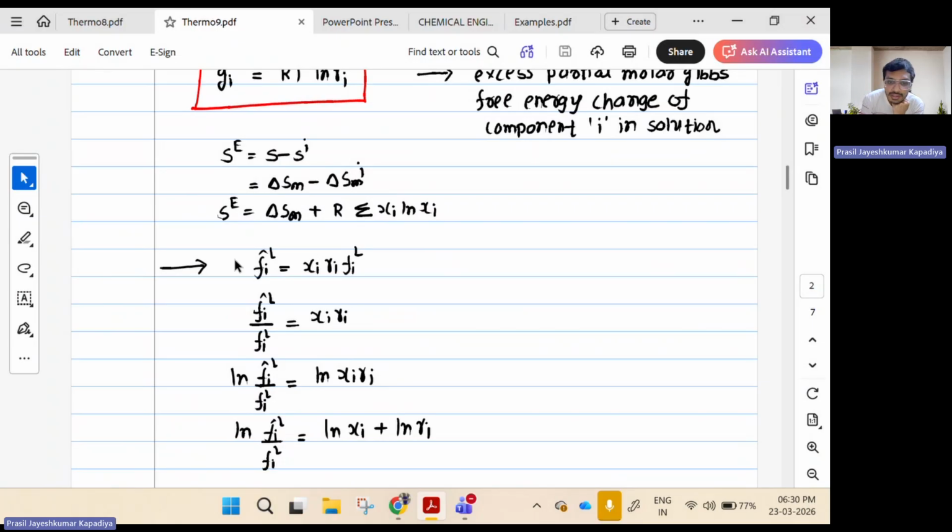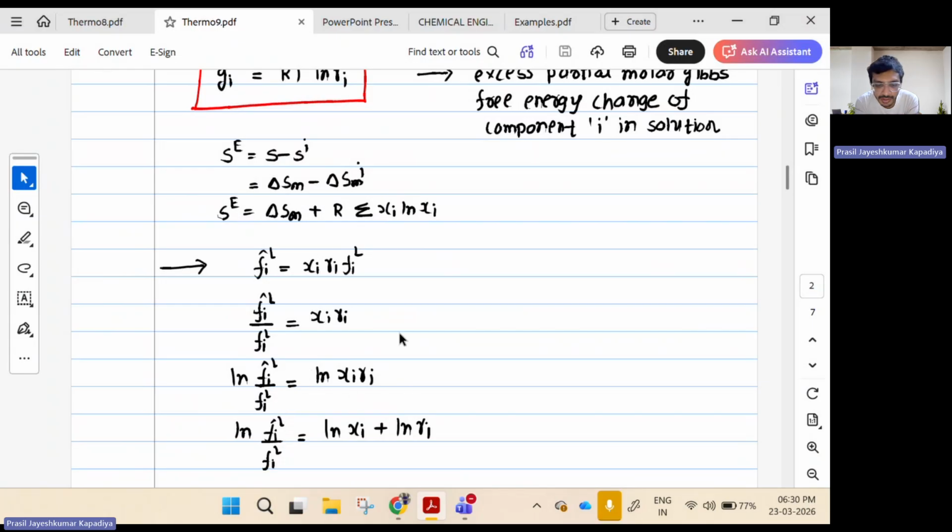So we know that this Lewis-Randall model in the case of non-ideal solutions is nothing but fi cap L, fugacity of component i in liquid phase, is equal to xi gamma i fiL. So fi cap L divided by fiL is equal to xi into gamma i. If I take ln on both sides, it is ln fi cap by fi is equal to ln xi gamma i.